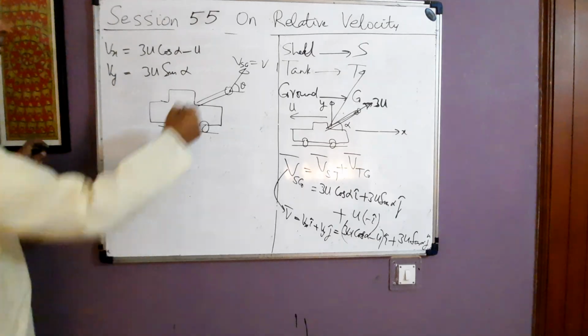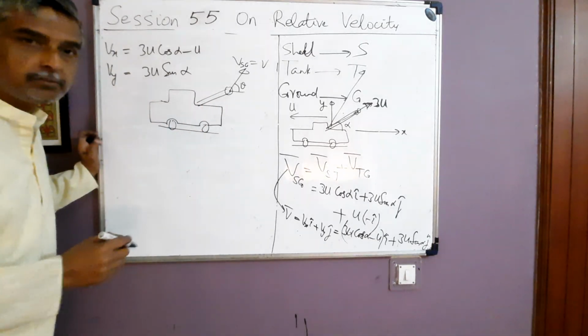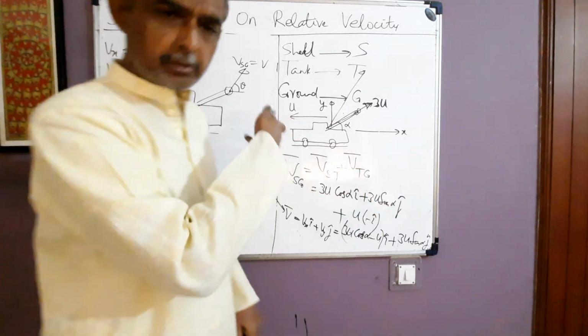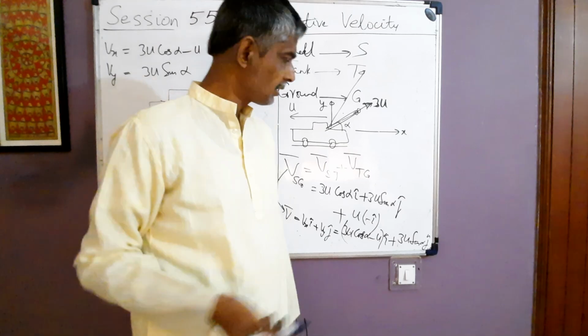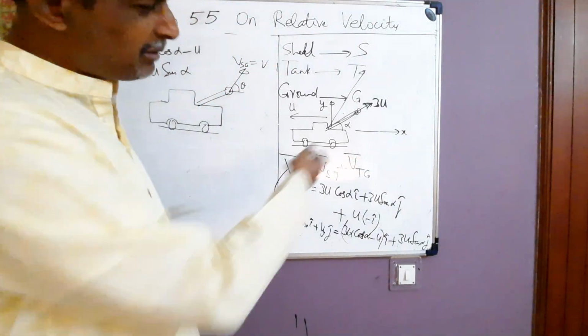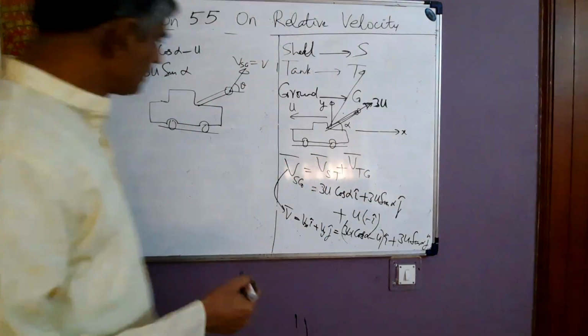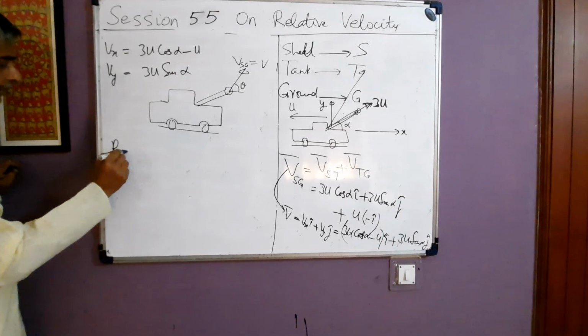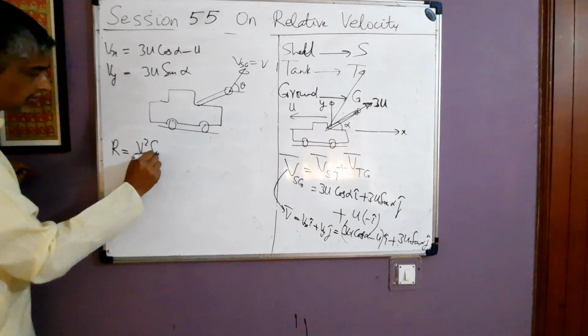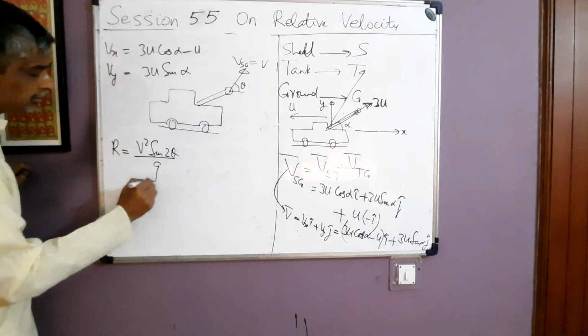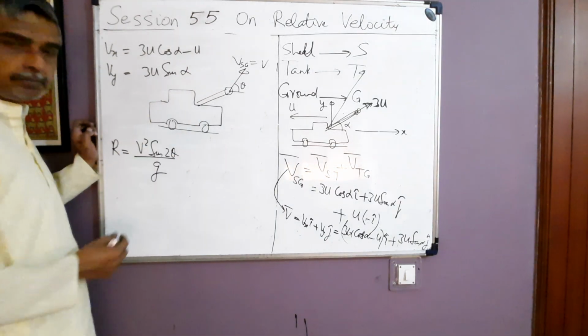Now we know from the theory of projectile motion, on which many videos have been uploaded, if you go to the previous videos, you will get so many questions on projectile motion. It is well known that the range R of projectile motion is given as V squared sine 2 theta by g, where V is the speed of projection.